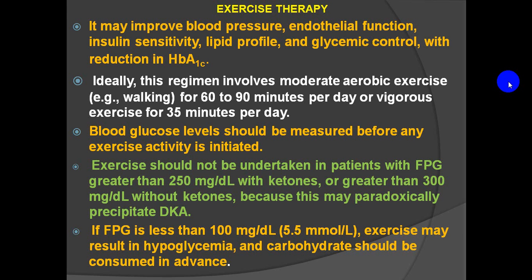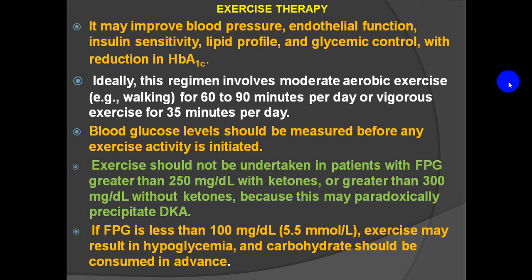so that when we have fasting blood glucose greater than 250 milligrams per deciliter with ketones, or greater than 300 milligrams per deciliter without ketones, in this case, the patient should be advised against exercise. He should not start exercise with such fasting plasma glucose levels.